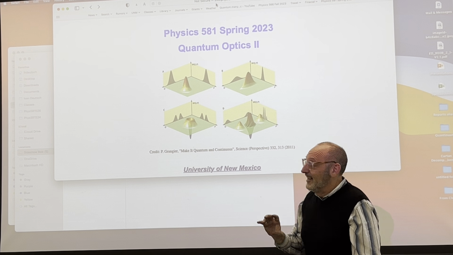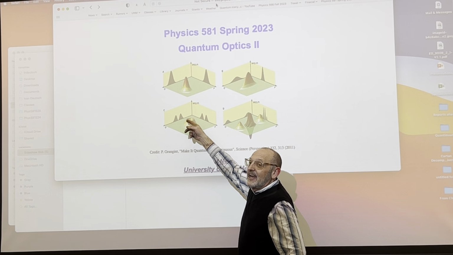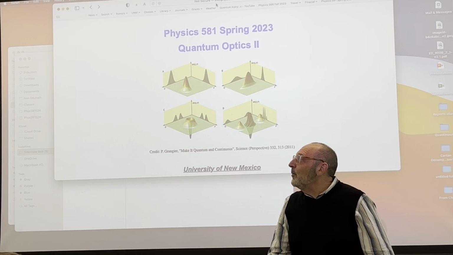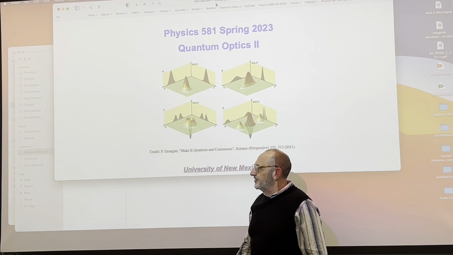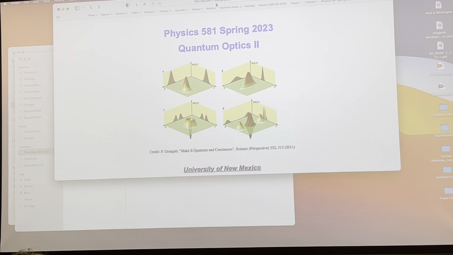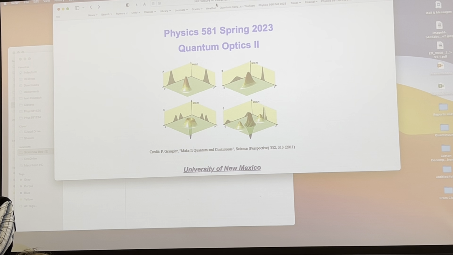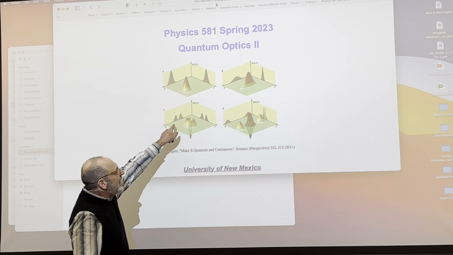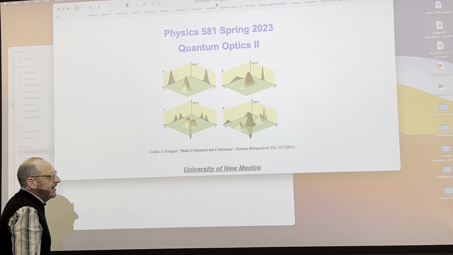So it's going to have this kind of form, but it has this negative part in it, so it has the right marginals. What would the Husimi distribution look like for this? What do you expect it to look like? Let's draw a picture over here.